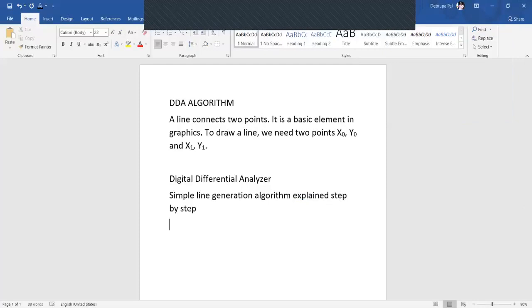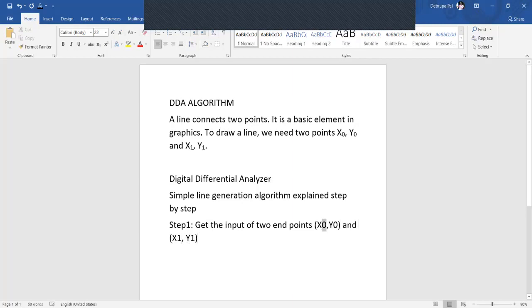So we will look into the different steps. What is step 1? If we look into step 1, get the input of two endpoints. What are the endpoints? These endpoints are x0, y0, and as we have already said, x1, y1.